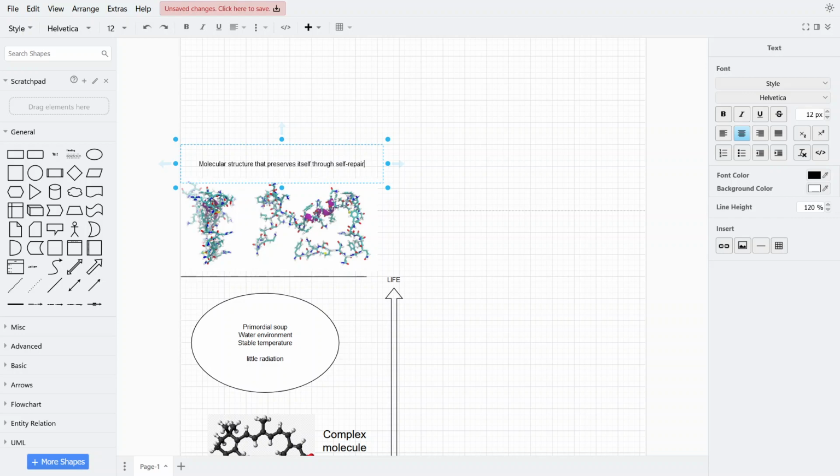So the main thing through which a molecular structure preserves its structure is actually self-replication. So the first is self-replication.